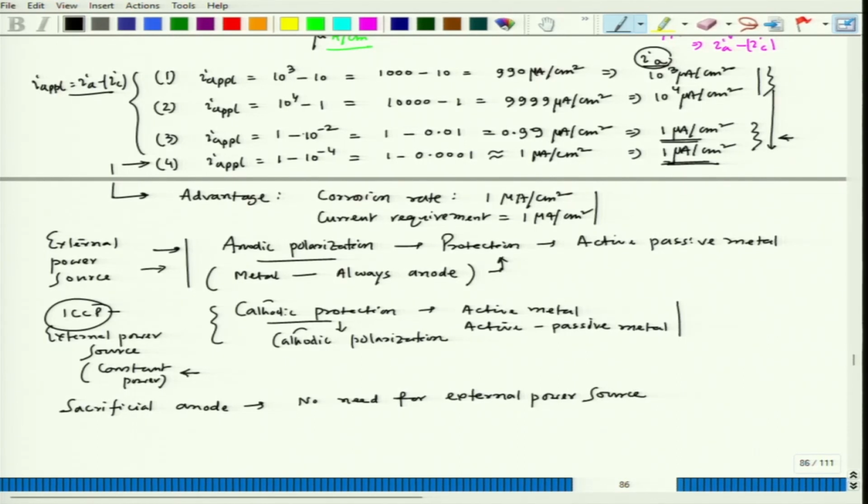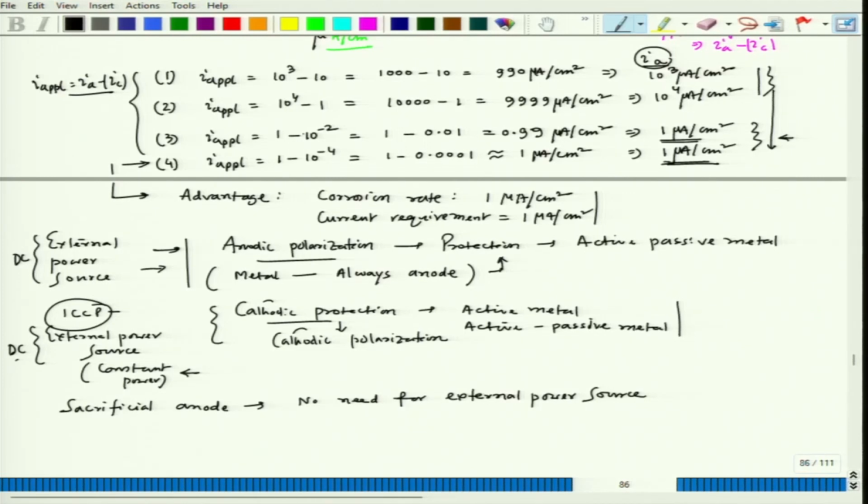In both cases, this external power source should be DC, or a direct current source. AC we cannot apply, because in case of anodic polarization we need to send positive current to the metal all the time. In case of cathodic protection ICCP, we need to send negative current, or electrons, to the metal for protection.